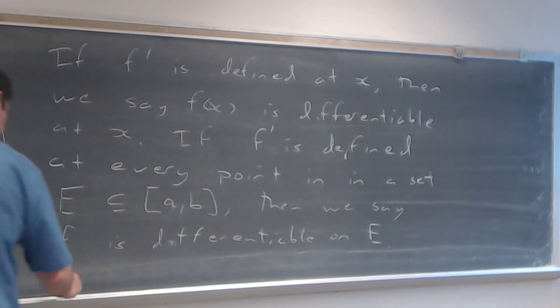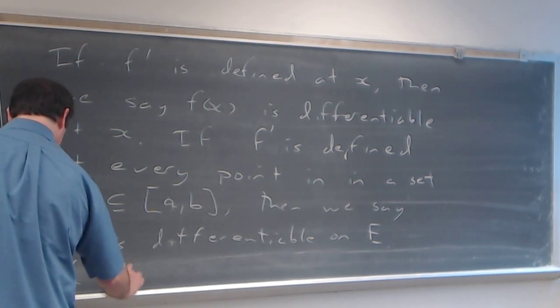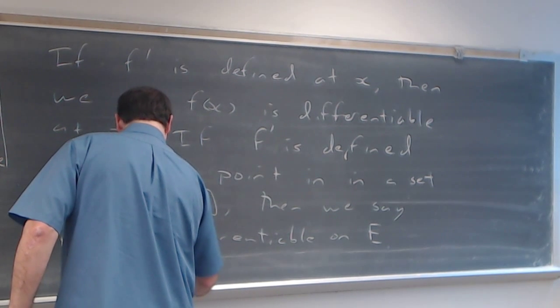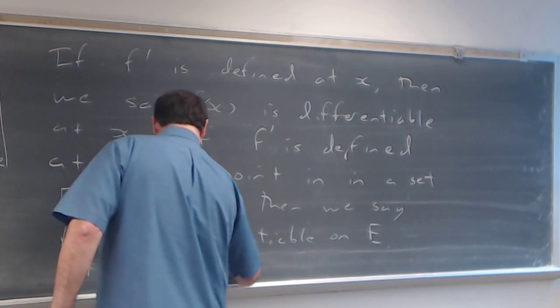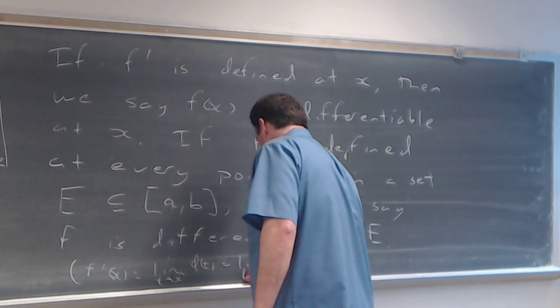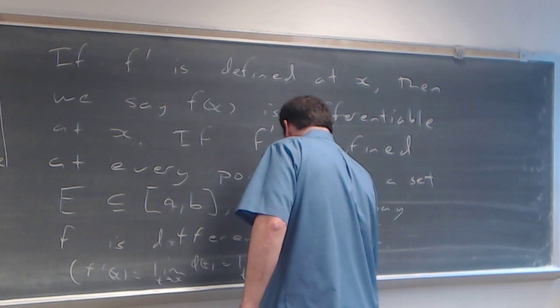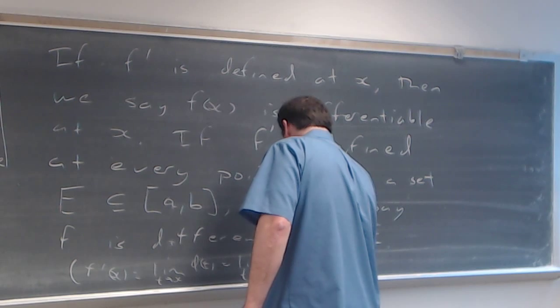And of course, here just in parentheses, let's not forget f prime of x is equal to the limit as t goes to x of phi of t, which is equal to the limit as t goes to x of f of t minus f of x all over t minus x.